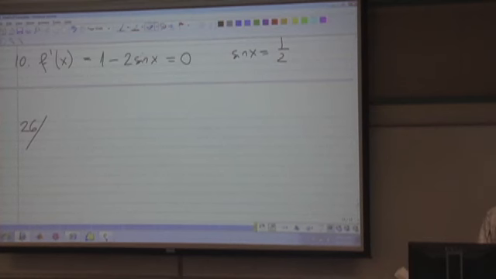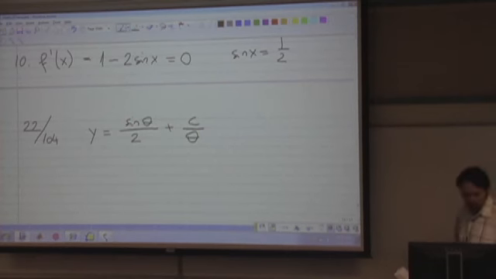This is one of the reasons why sometimes I really don't like the way Stewart makes things. We have y equals sine of theta divided by 2 plus c divided by theta. Now if you look at the original question, it says problems 1 through 24, differentiate the function.